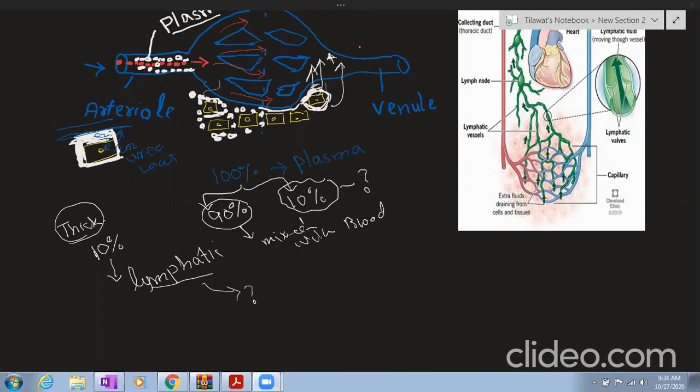And the second thing, when that 90% enters, the solution inside and outside approximately becomes the same. I'm talking about the concentration. So it is difficult for this 10% to enter back into these capillaries. So for that reason, this 10% has to enter your blood through the lymphatic system.